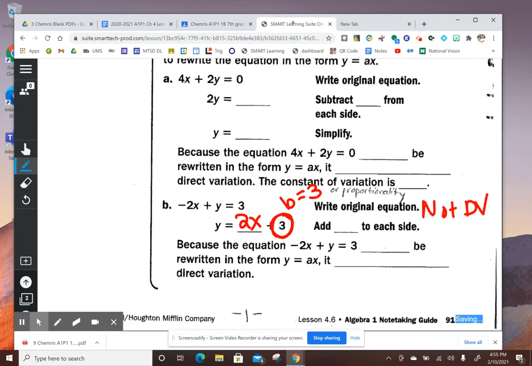So because this equation cannot be written in the form of y equals ax, it is not direct variation. So to figure out if it's direct variation, you put it into slope-intercept form, and you want to make sure that b is 0. If b is 0, the slope is the same as a, and we call that the constant of variation.